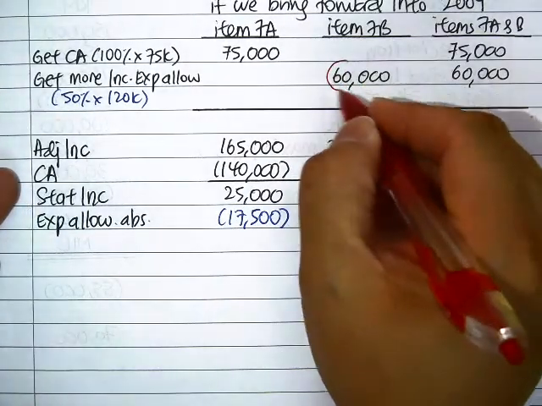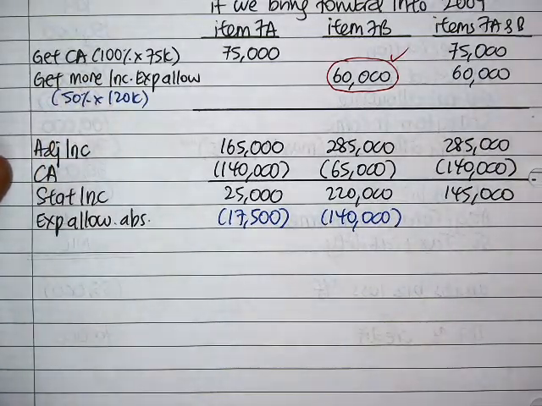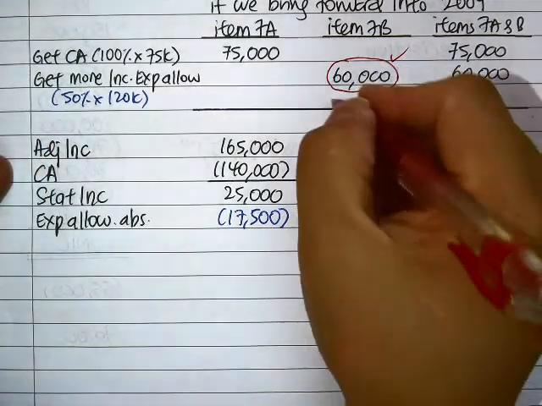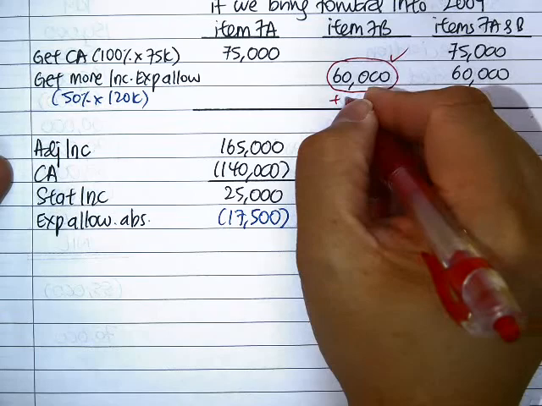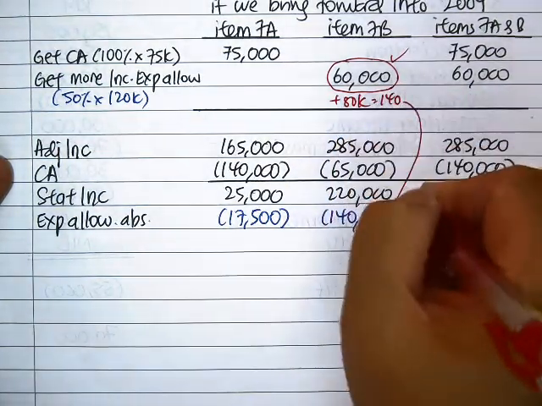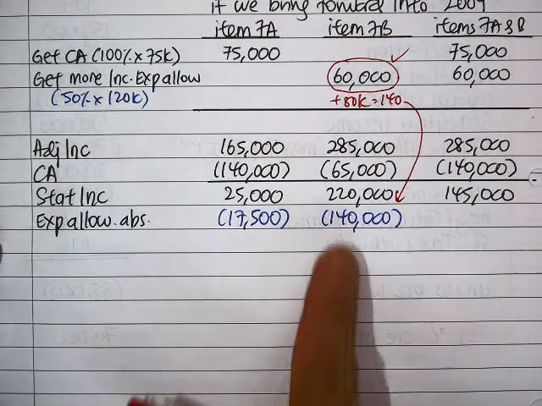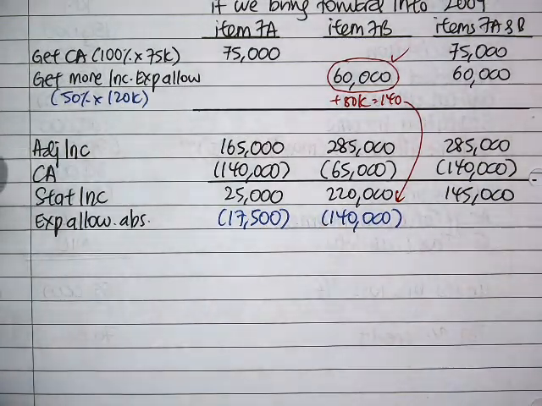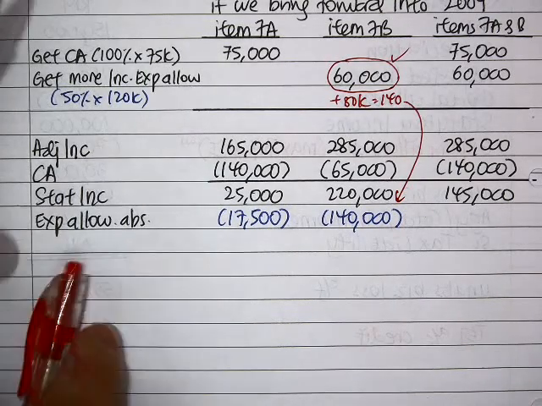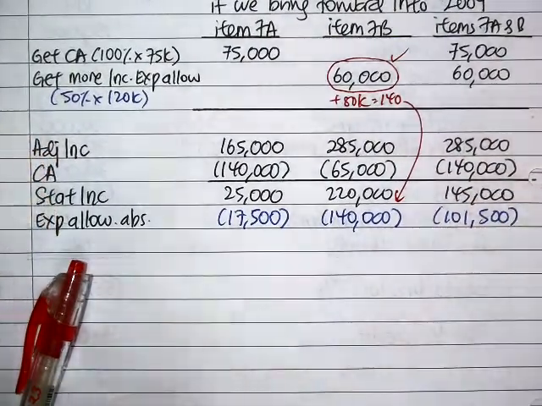The 60 is the increase in the export if you bring forward, plus just now got another 80, so in total is 140. Now maximum is 70%, so this is within maximum, so no problem, you can claim all of it. But the 145 you can only claim 101,500.